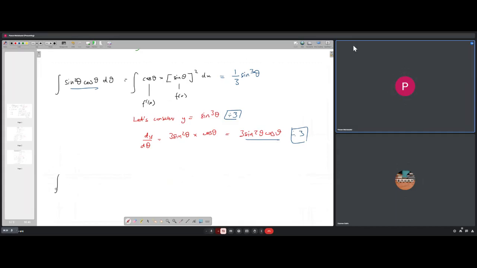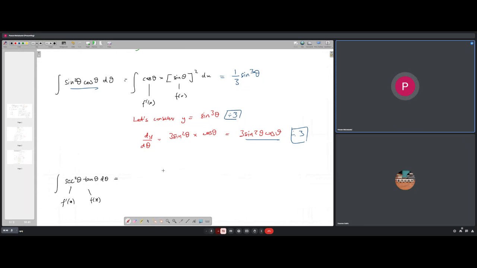Now, in the event I had sec squared theta tan theta with respect to d theta, like this, this is f prime x, this is f of x, okay? How would I apply the same idea here?